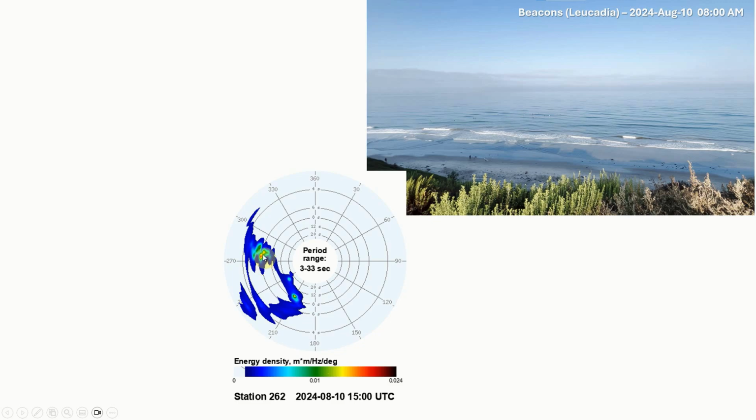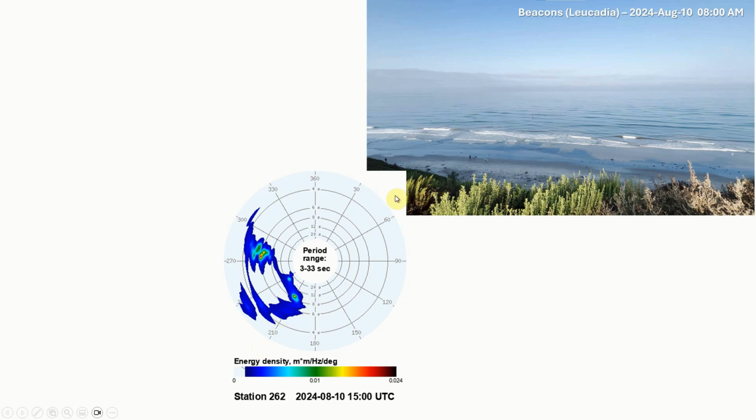But not a whole lot of red over here, right? As you can see from the photo as well, very flat conditions. But the main point here is that there are indeed two main wave trains. One over here is centered just in from the 8-second ring, so let's say about 9 seconds, coming in from about 210 degrees.